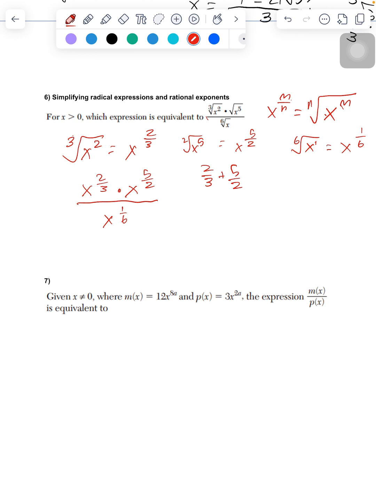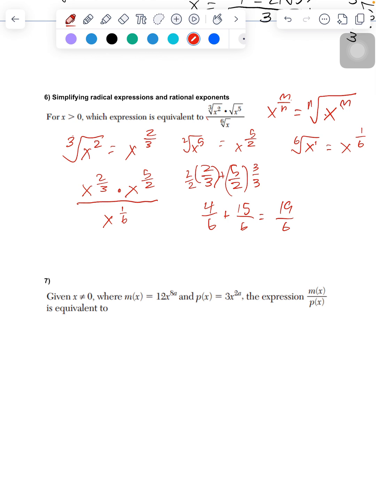So to get to 6, I'm going to have to multiply this whole thing by 2 over 2. And to get to 3, I'm going to have to multiply this other thing by 3 over 3. So I'm going to have 4 over 6 plus 5. 3 times 5 is 15, and 3 times 2 is 6, right? So I'm going to get 19 over 6.